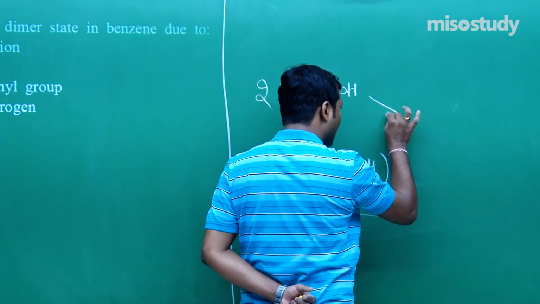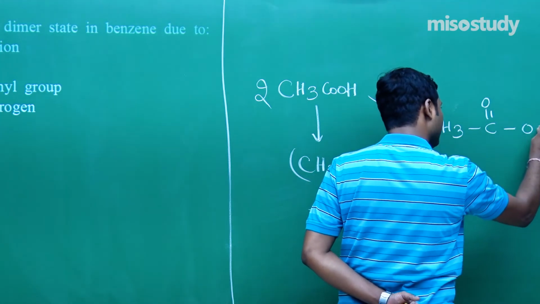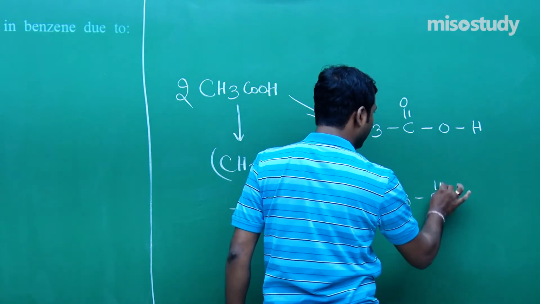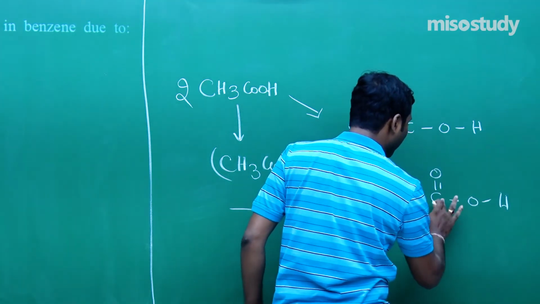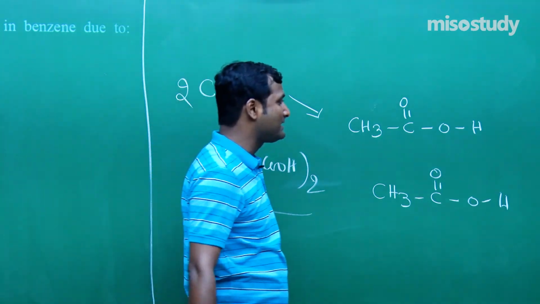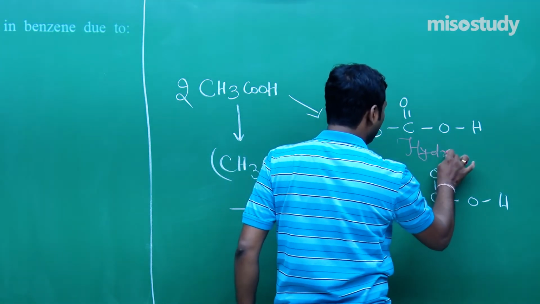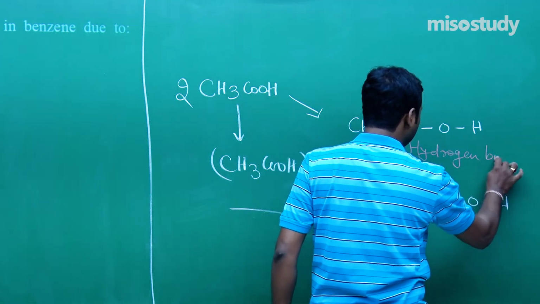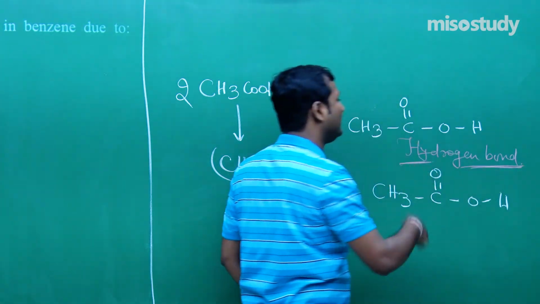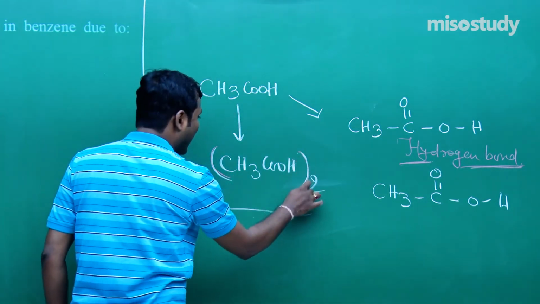As we talk about the structure, C double bond O, OH like this. If I take a second molecule of acetic acid, then very easily there is a maximum tendency to form hydrogen bond. Clear to you? If there is a tendency to form hydrogen bond, then they will associate, dimerize and exist in a dimer form.